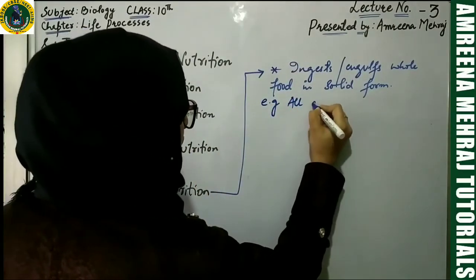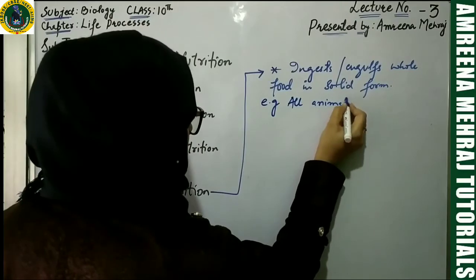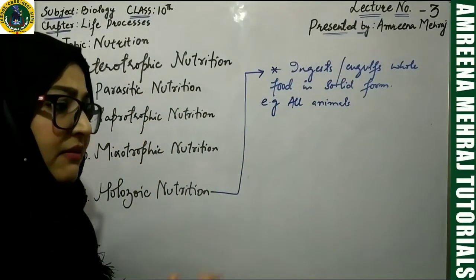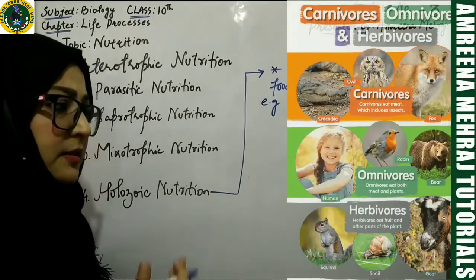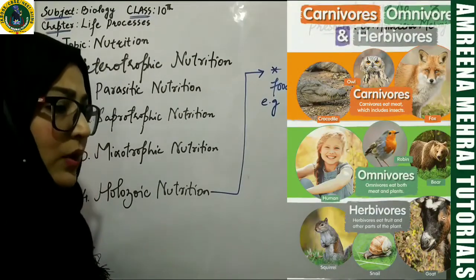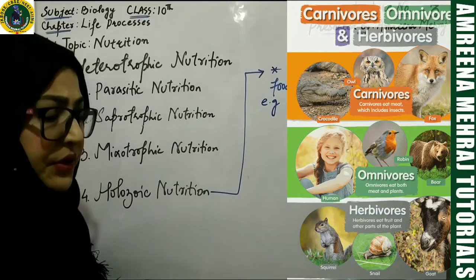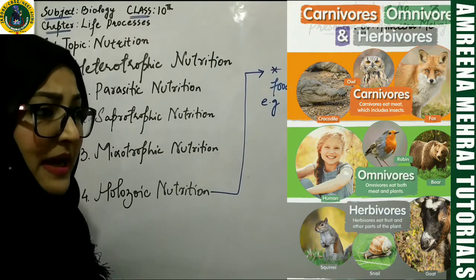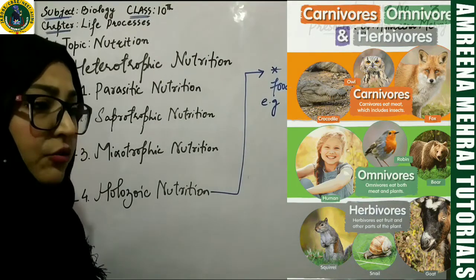If I quote all animals, just for the sake of simplicity, say for example, we have the herbivores, like the buffalo, cow, and goats, or we have the carnivores, say for example the dog, tigers and wolves.